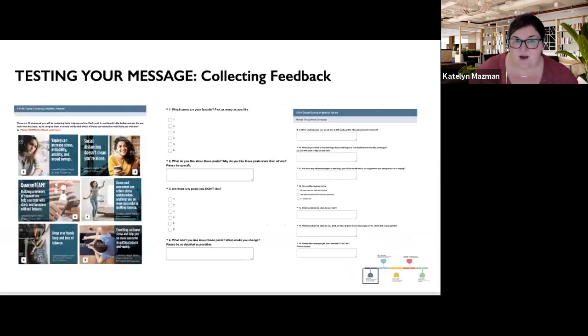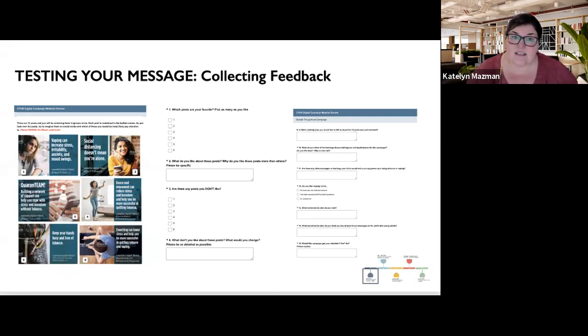So moving into how we tested those messages. Up here we've got screenshots of what our SurveyMonkey survey looked like. We took those messages that we drafted and we transposed them on stock images and promoted this on SurveyMonkey, again leveraging our youth board and college board to share the link.